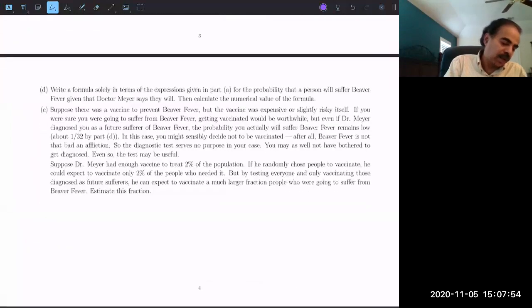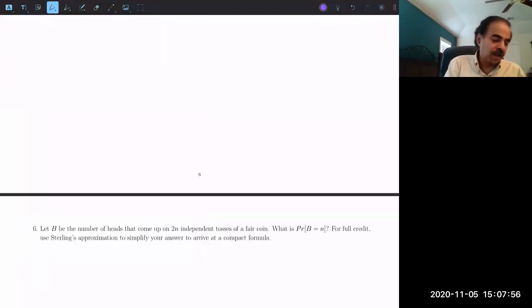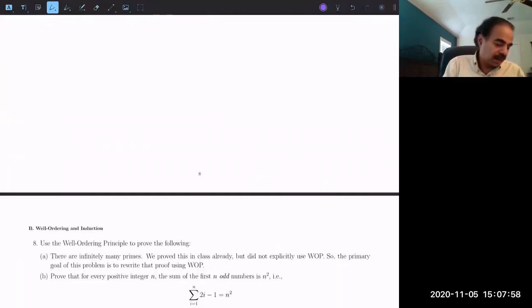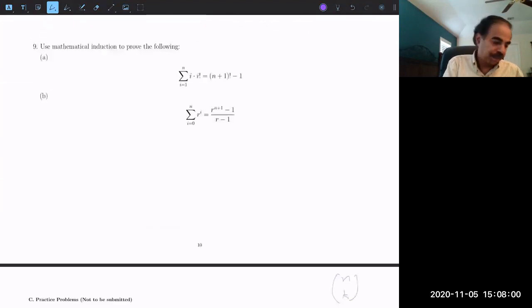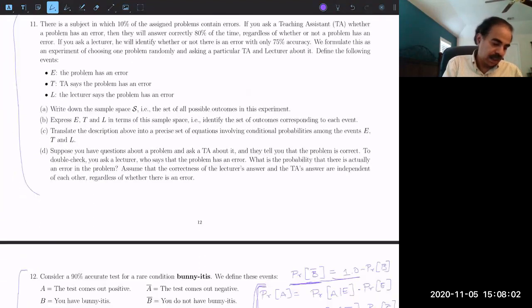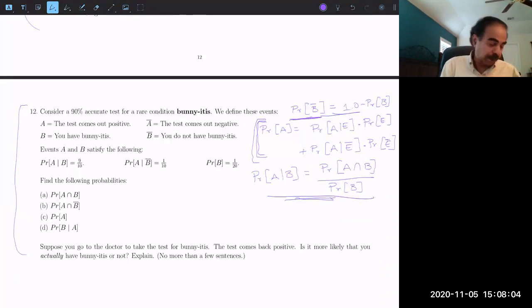So I'm not going to go through problem 11, but of course, after you submit, you can see all the solutions, just like we have done for problem set 3 and 4. Or I guess I gave you solutions to all the problem sets, right?